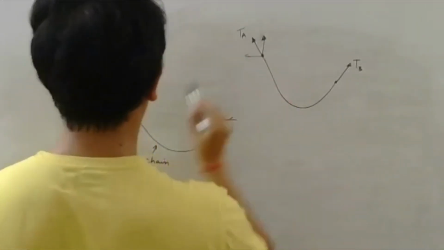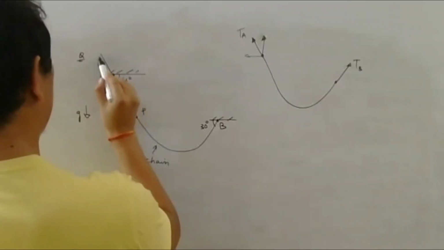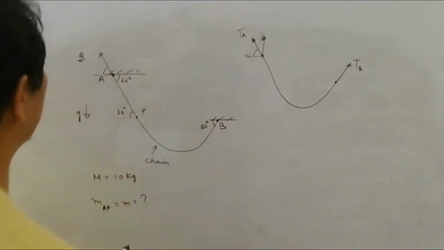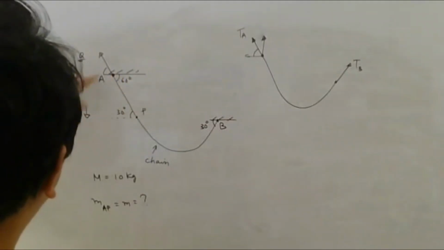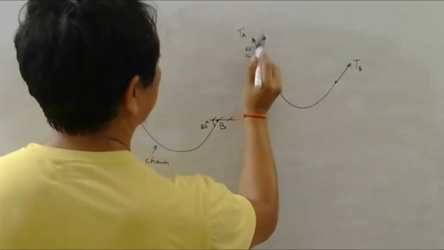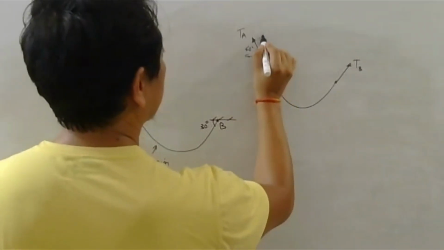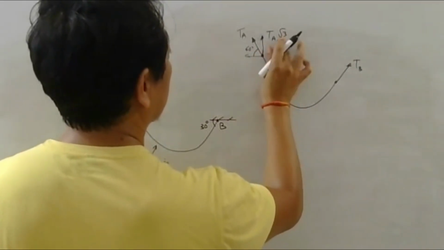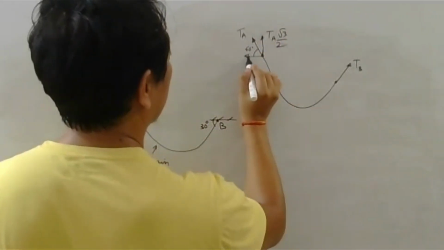So here components, this is 60, means this is 60, right? So don't make a mistake. With horizontal, tension is 60 degree. So this will be TA sine 60. This will be TA cos 60.